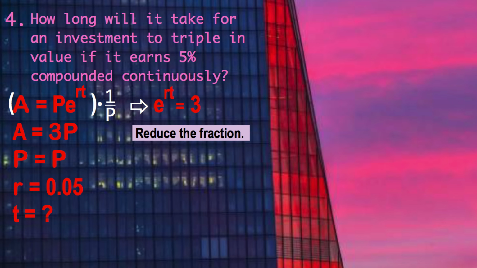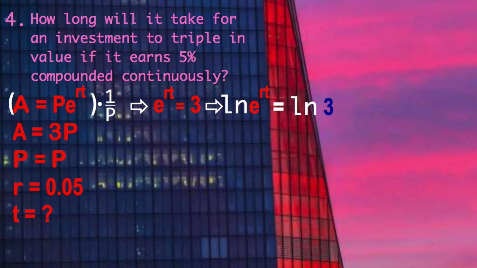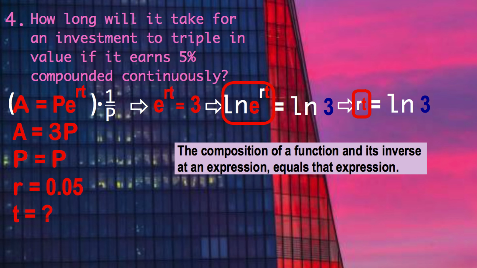This is an exponential equation, and the natural log function is a 1-to-1 function. Thus, natural log of e raised to the power rt equals natural log of 3. The composition of a function and its inverse at an expression equals that expression. Natural log of e raised to the power rt equals rt.